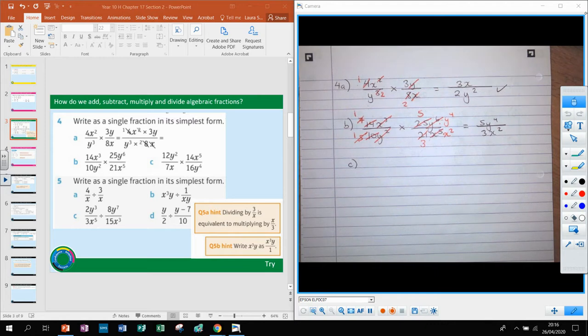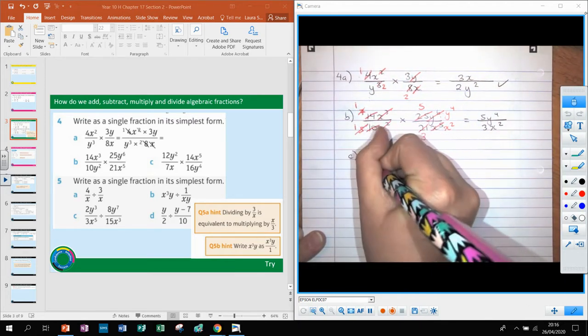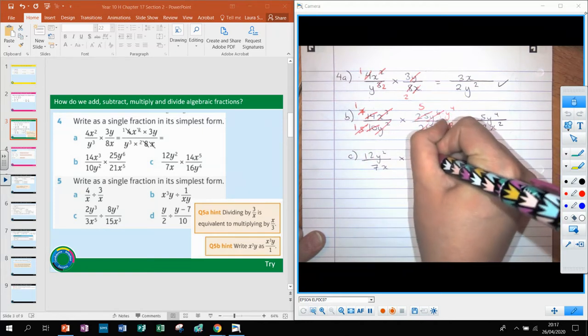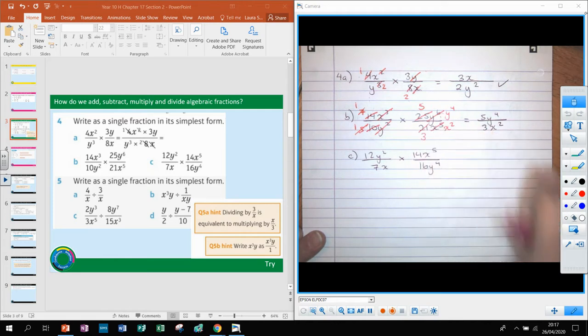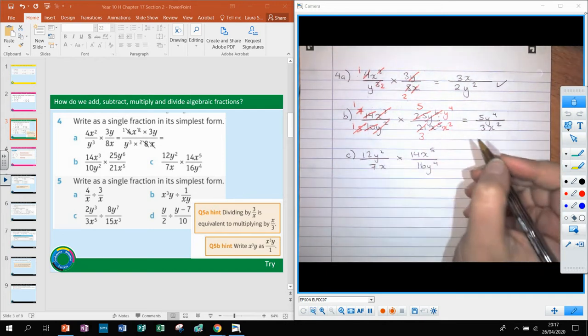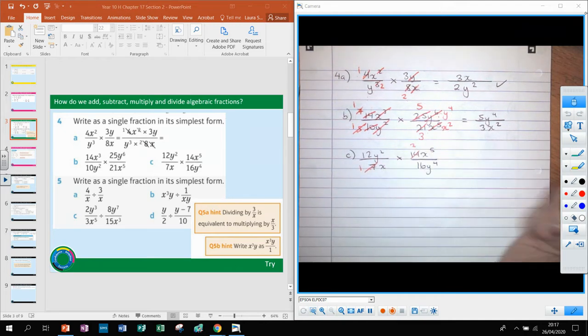Let's try part C. We have 12y squared over 7x times 14x to the 5 over 16y to the 4. Okay, lovely. Let's take a look. Let's start with the numbers. 7 goes into 14 twice, so let's make that a 1 and that a 2.